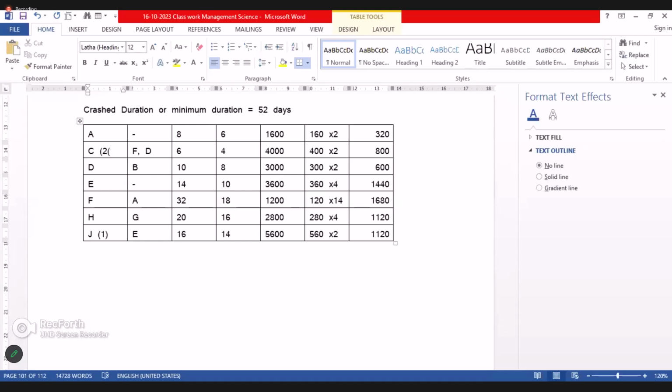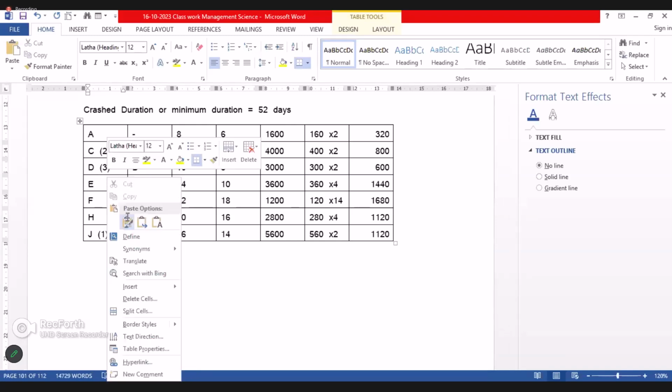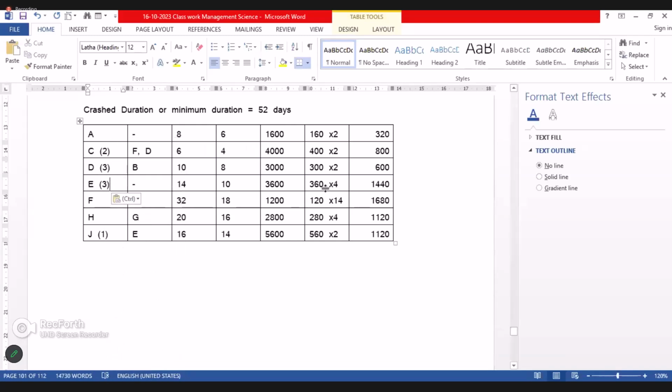What is the third highest? E is the third, because it has 360.